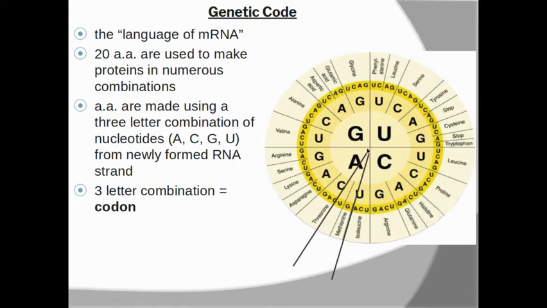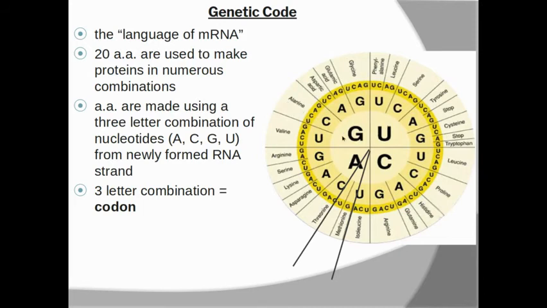So if I have a code that is ACU, I know that it codes for the amino acid threonine. If I have the codon GCC, I know that the amino acid it will code for is alanine.